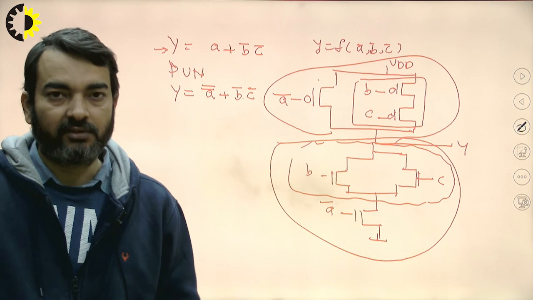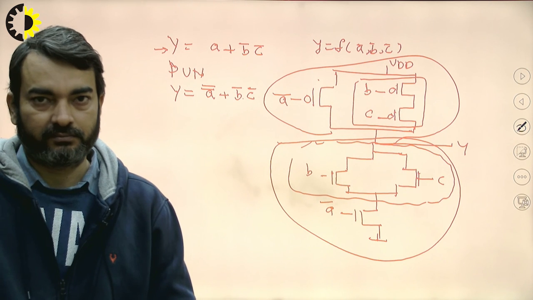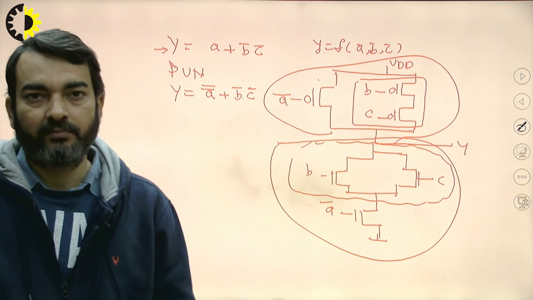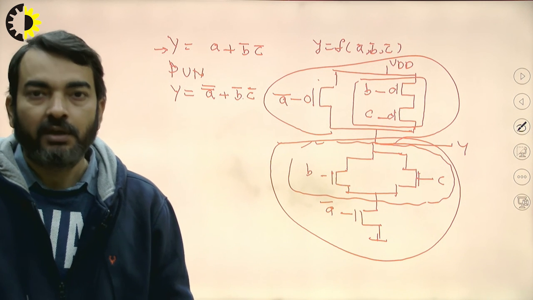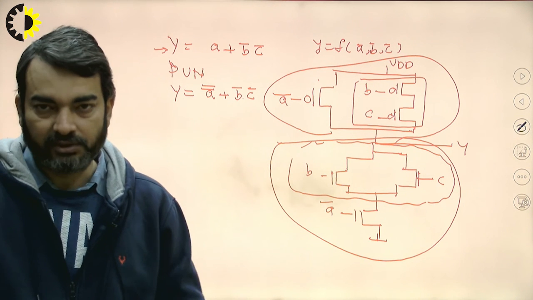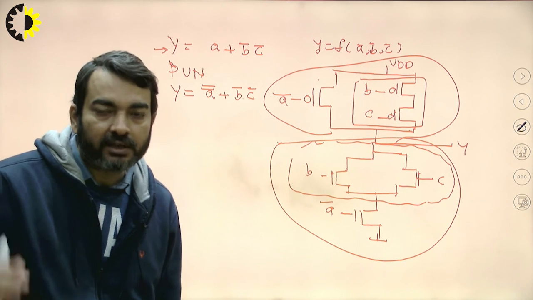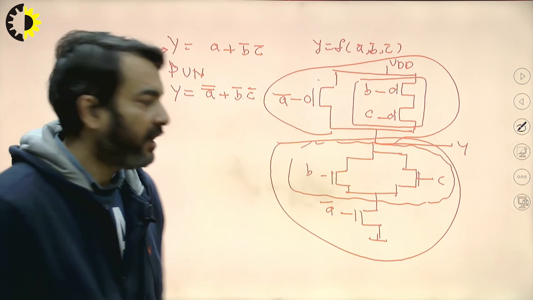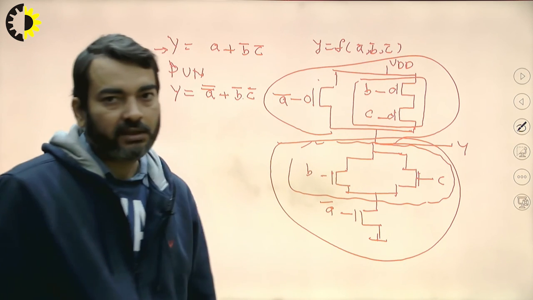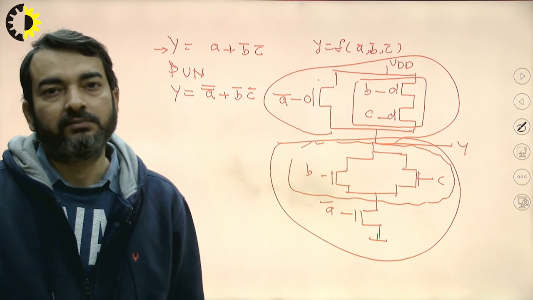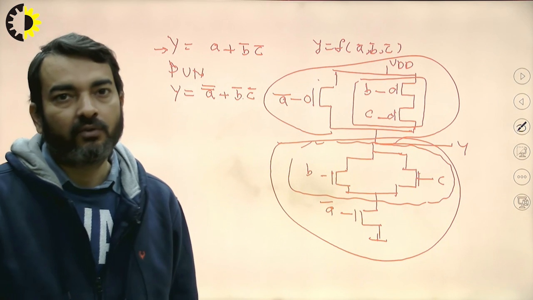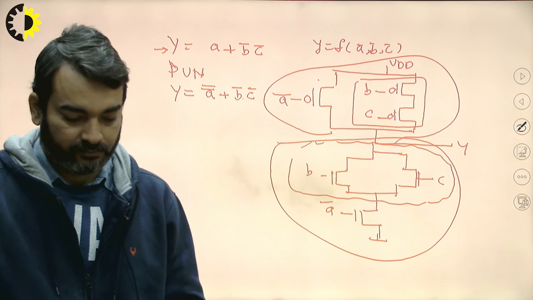It is suggested to make one of the networks, for example the pull-up network or pull-down network, using the standard rule, and then apply the duality principle to get the second network. Then by joining these two networks, we will simply get the CMOS implementation of the whole Boolean expression. So thank you.